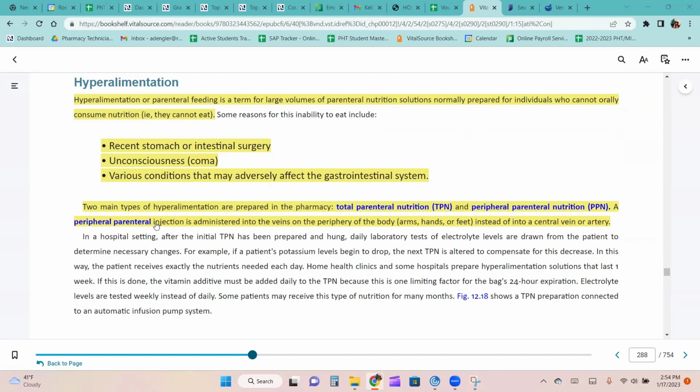So it is used for a variety of things. Two main types of hyperalimentation are prepared in the pharmacy: TPN, total parenteral nutrition, and peripheral parenteral nutrition. A peripheral parenteral injection is administered into the veins on the periphery of the body, so arms, hands, or feet, instead of into a central vein or artery.